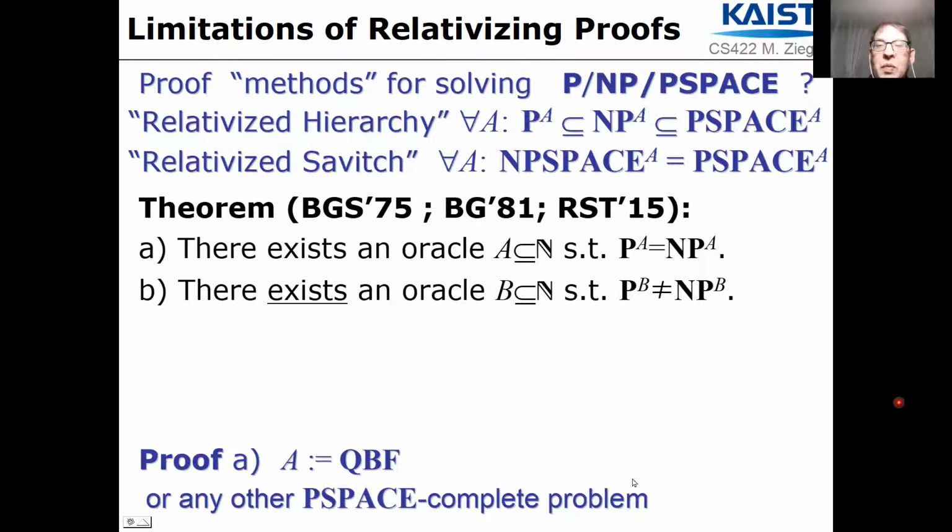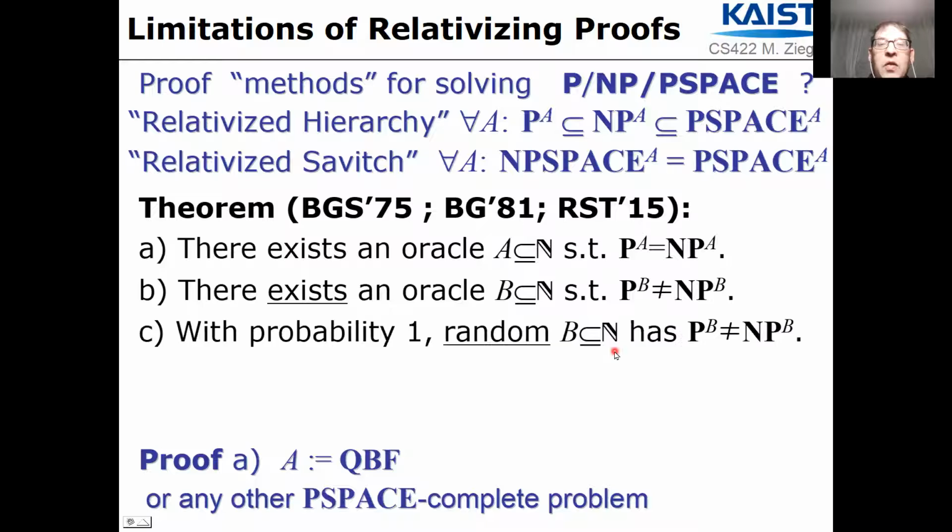But what we're going to do, we're going to prove a stronger statement, namely, not only does there exist such an oracle, but almost every oracle has P different from NP. Namely, if we pick a random oracle, then with probability 1, this oracle makes P relativized different from NP.